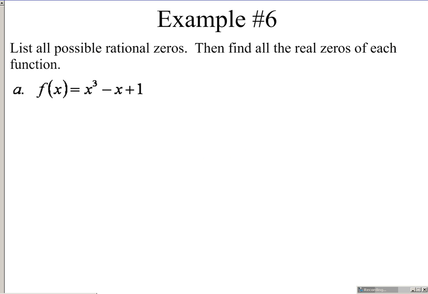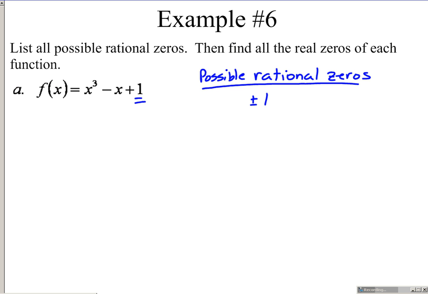So list all the possible rational zeros, then find all of the real zeros for each function. Well, our possible rational zeros. Take all the factors of the constant term. We're considering the positive and negative.